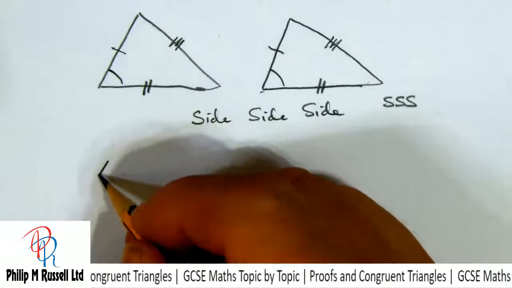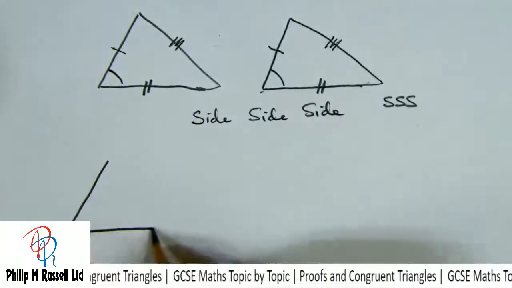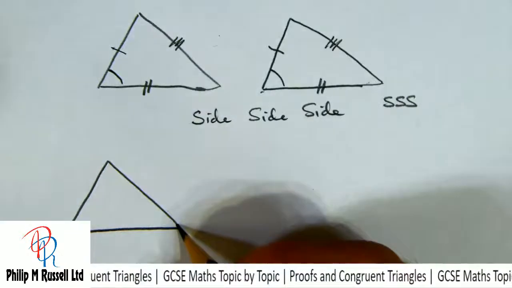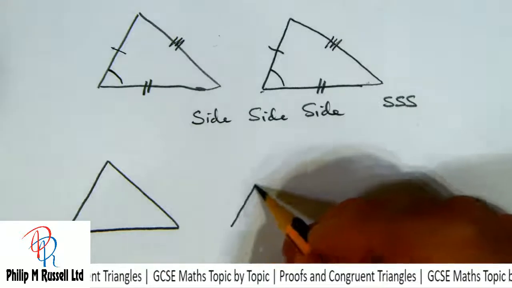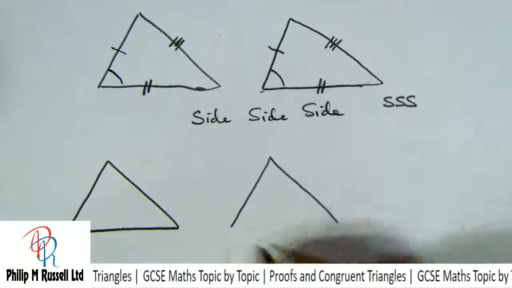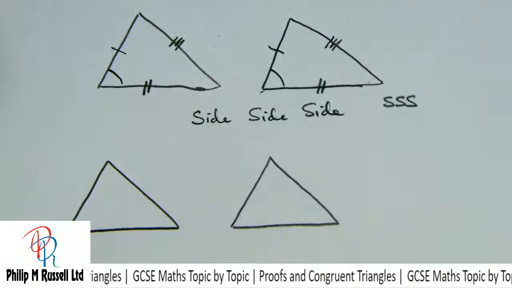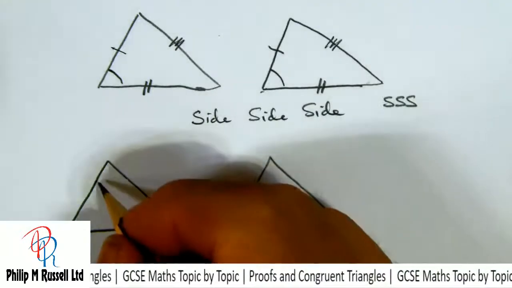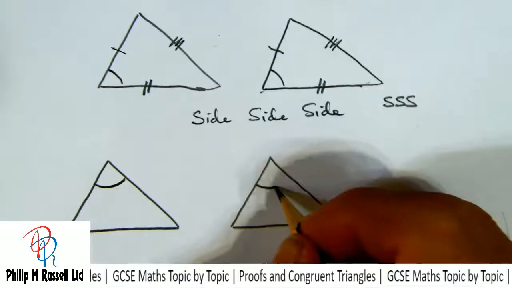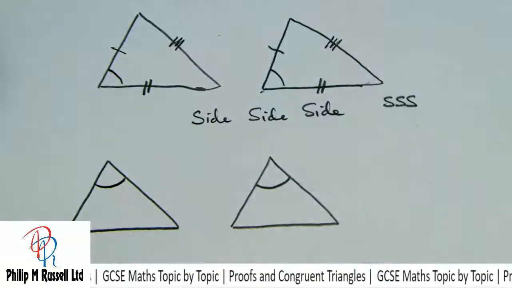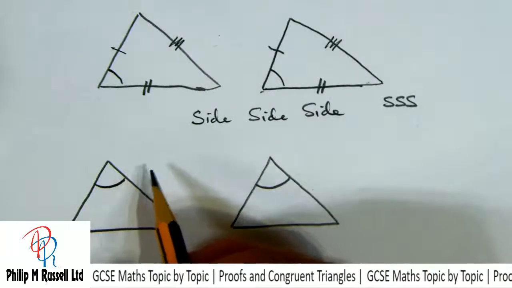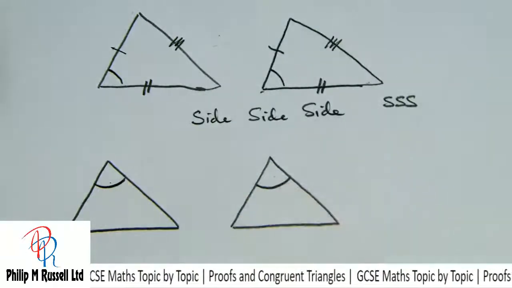If we have another two triangles, I'll try and draw some better ones this time. And I'm going to try and prove that these two are identical. They might have here a common angle. So this angle is the same to both triangles.